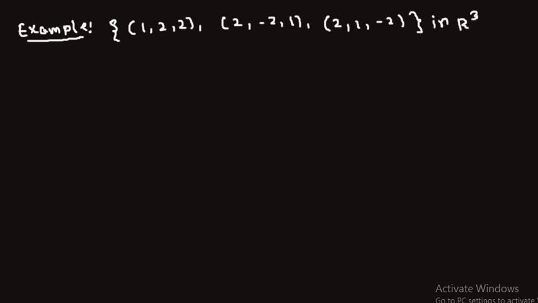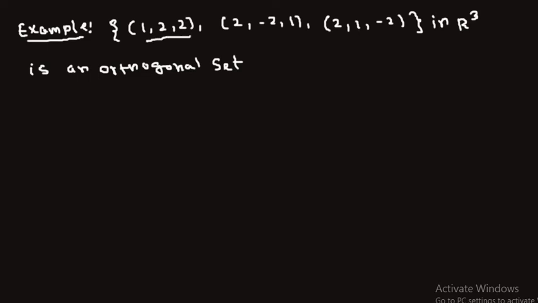We have already seen that this set is an orthogonal set. But what happens if I multiply the vectors with themselves?